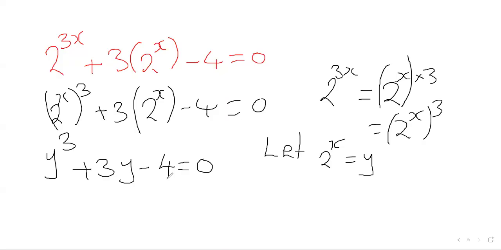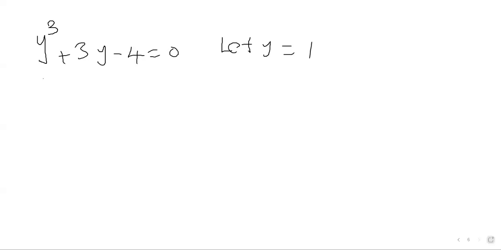In this case, when we let y be 1, we plug 1 into y^3 + 3y - 4, giving 1^3 + 3 multiplied by 1 minus 4.